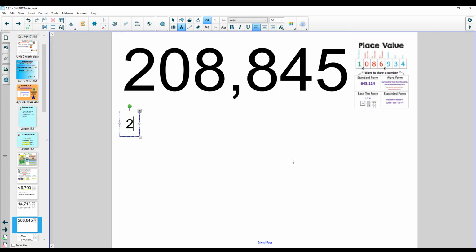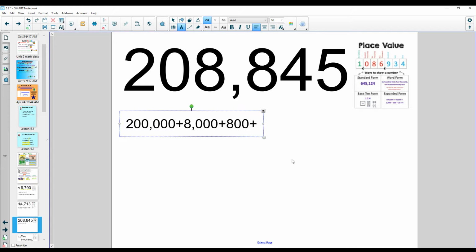Now how many zeros behind it? 1, 2, 3, 4, 5. Plus, oh, there's nothing there, so that's just 0. Sometimes people just leave that out because it is 0. So now I would go plus 8,000 plus 800 plus 40 plus 5.